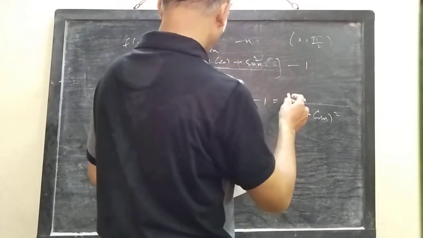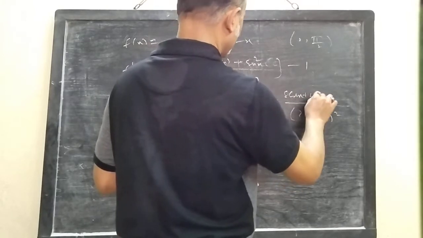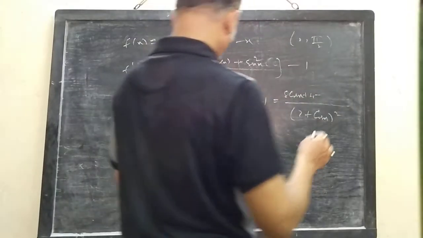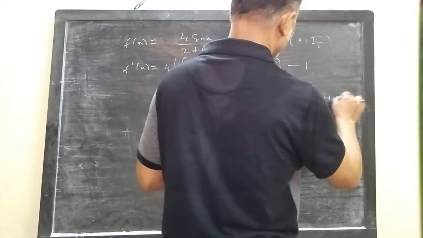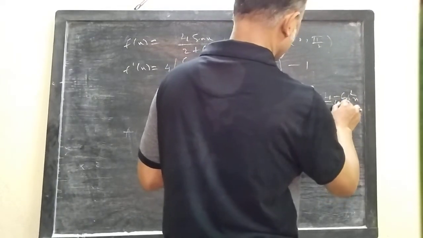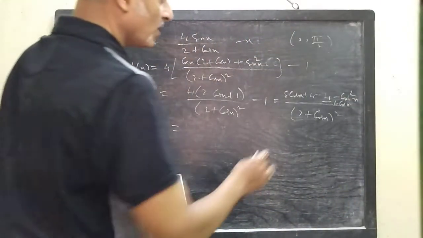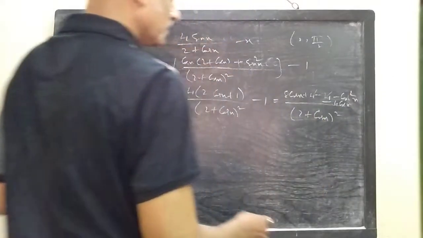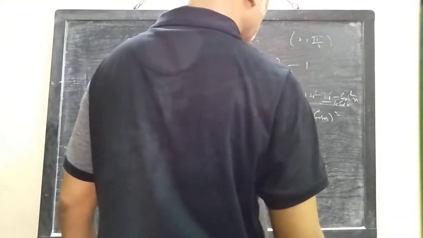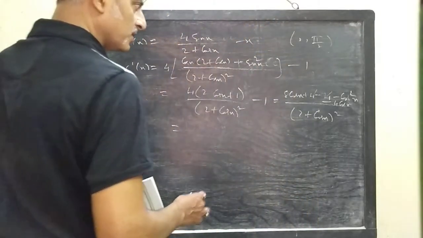Here it will become 8 cos x + 4 minus 4 minus cos^2 x minus 4 cos x. So ultimately 4 cancel, 4 cos x minus cos^2 x.